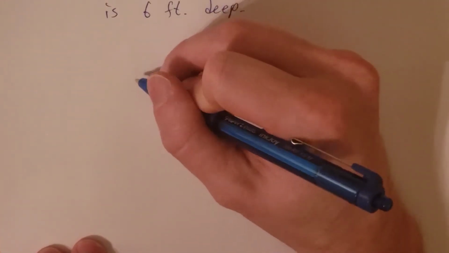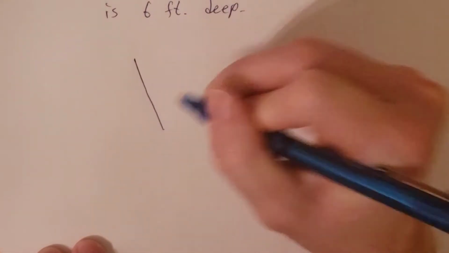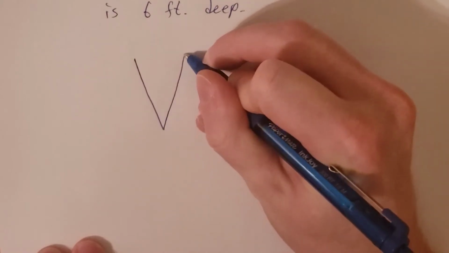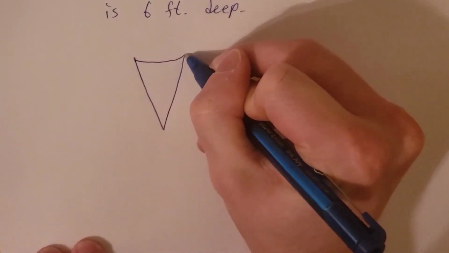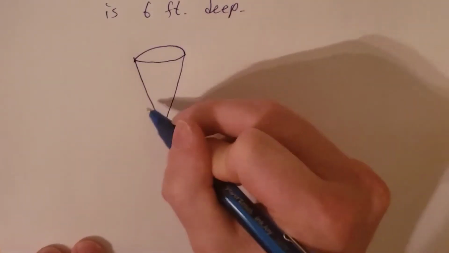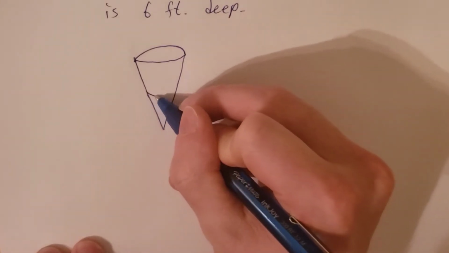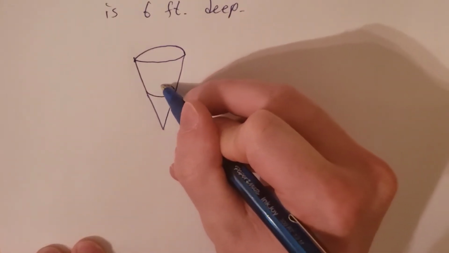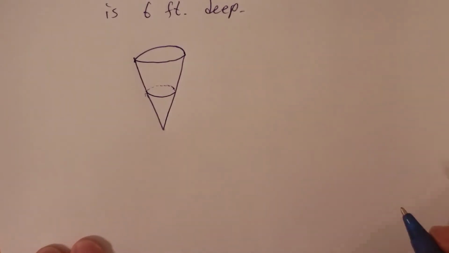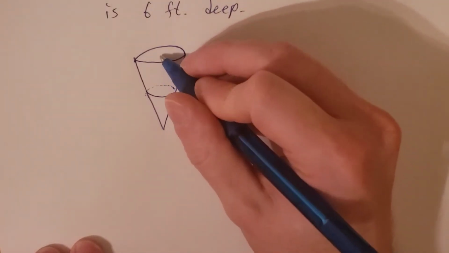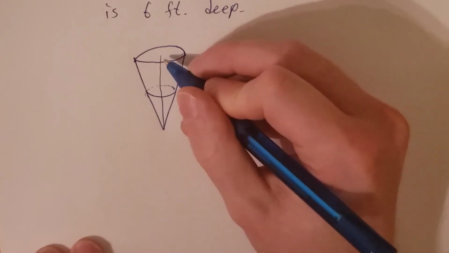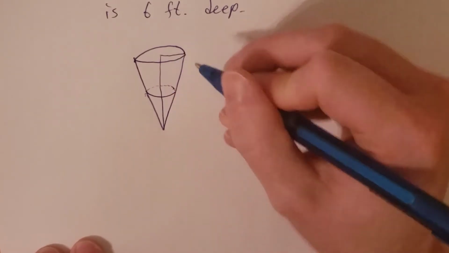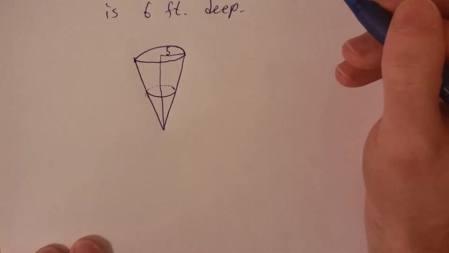All right, let's go ahead and draw our picture now. So we had a conical tank, point facing downward, and we have water that is currently 6 feet deep. So let's draw this here. This is 5 feet.